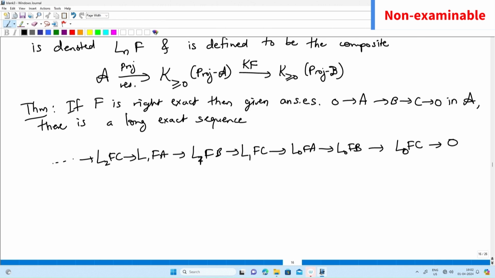Okay, what is the proof for this? The projective resolutions thanks to horseshoe lemma. So proof from horseshoe lemma.